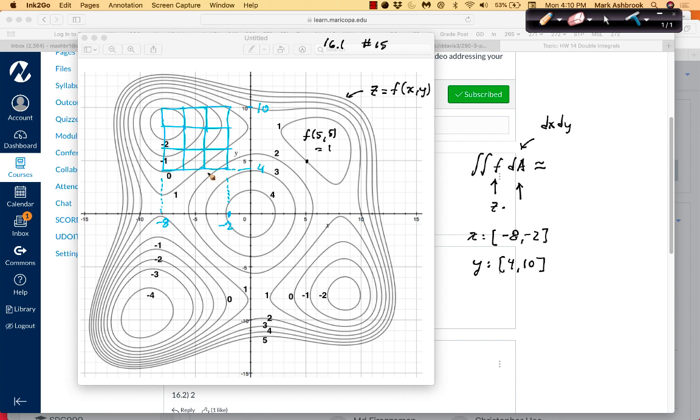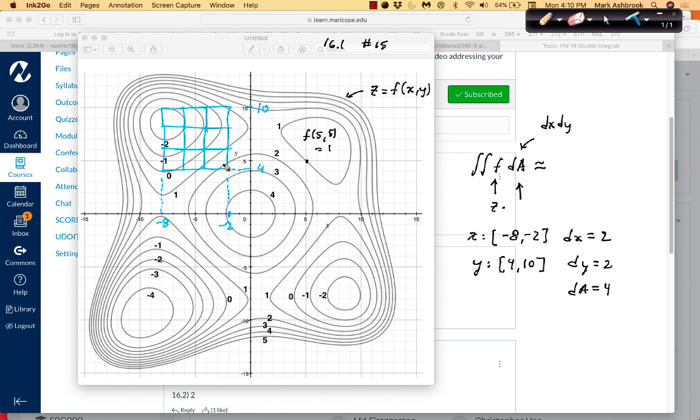So each one of these boxes has dx of 2 and dy of 2. These are biggish dAs, and we have 9 of them, so dA is equal to 4, 2 by 2.